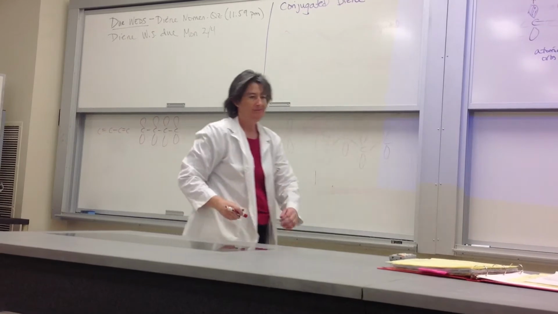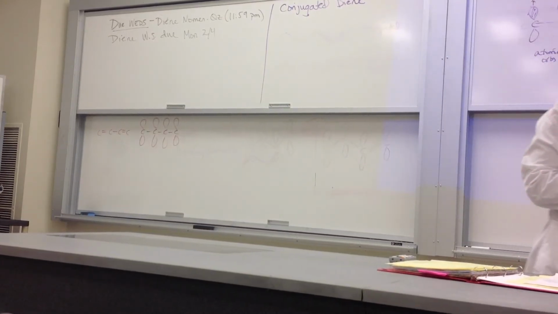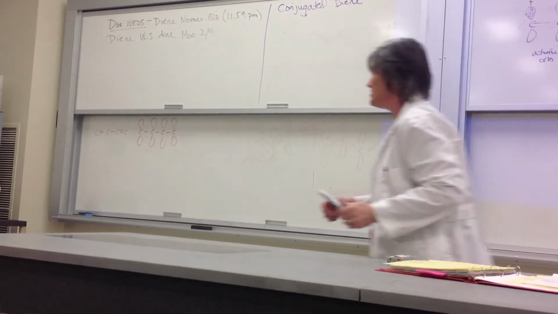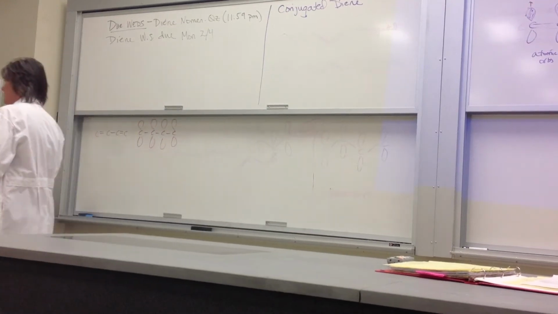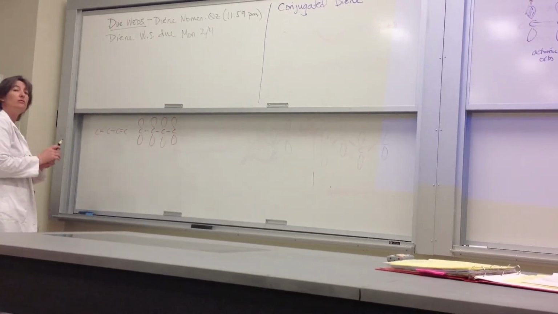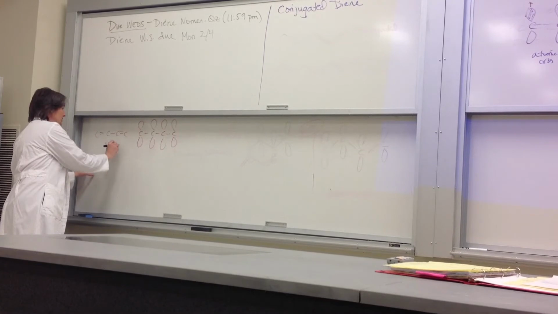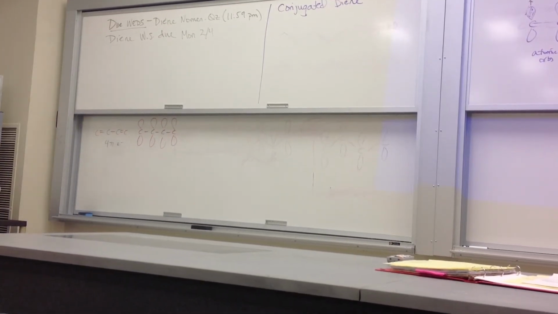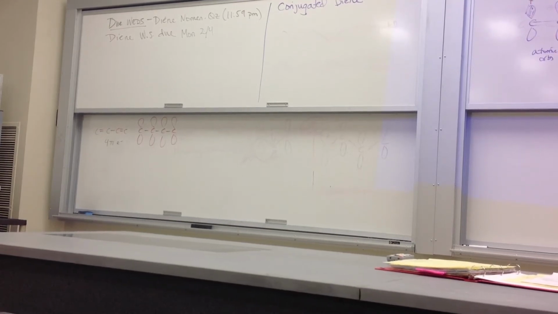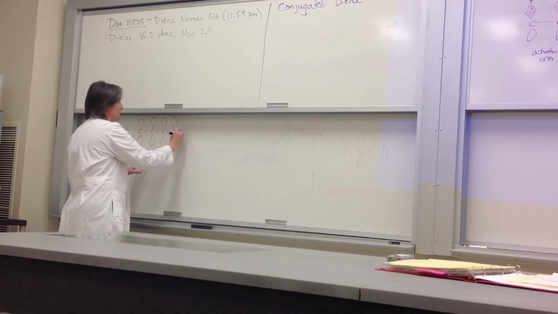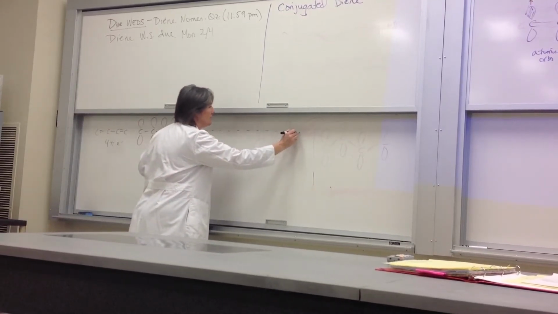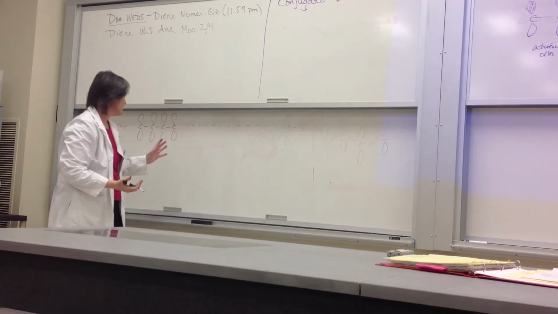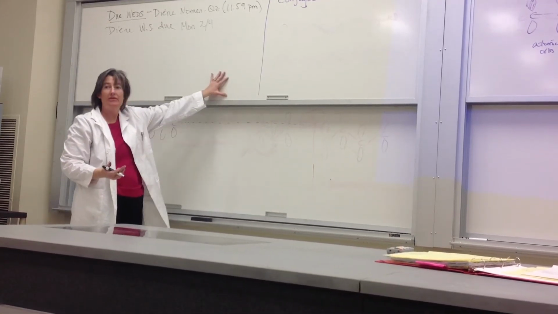I have a total of how many pi electrons? I heard someone say it. 4 pi electrons, right? I'm going to be doing 4 atomic orbitals, so I should get 4 MOs out of this. And what we're going to do is, we're going to call this our 0 line. So I'm expecting 2 below, 2 above.